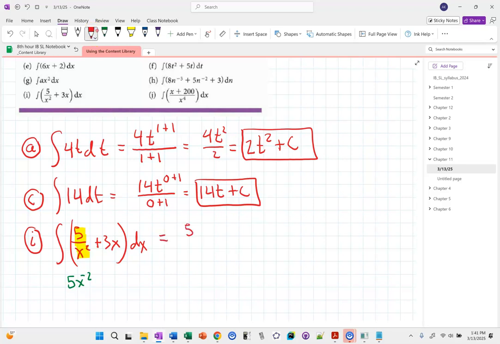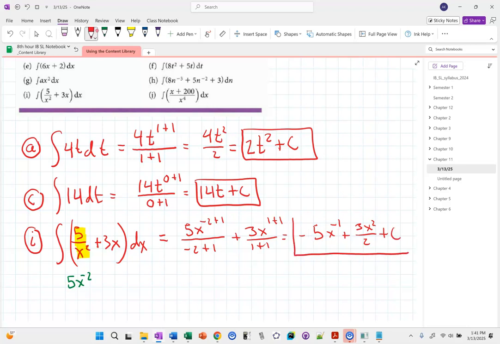So I'll have 5x to the negative 2 plus 1 over negative 2 plus 1, then plus 3x to the 1 plus 1 over 1 plus 1. That's going to give me negative 5x to the negative 1 plus 3x squared over 2 plus c.